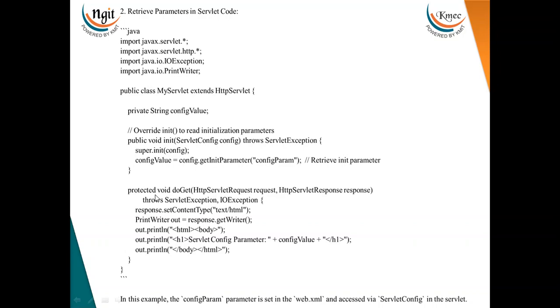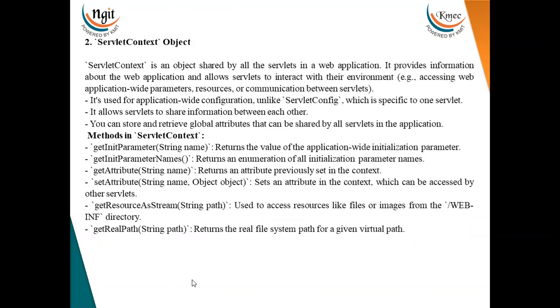Now, protected, we are overriding the doGet method, which takes HttpServletRequest and HttpServletResponse, throws ServletException and IOException, and the response will be printed using the PrintWriter. So this HTML will be printed. In this way we can access the servlet config.